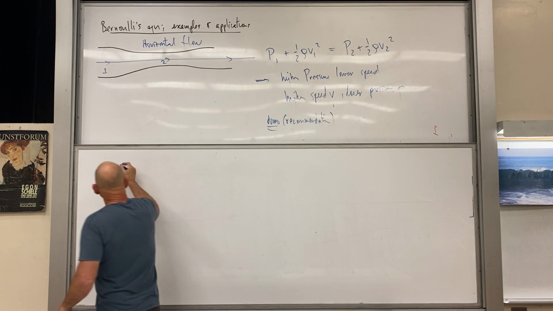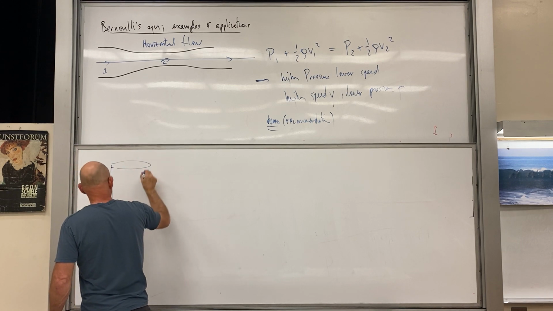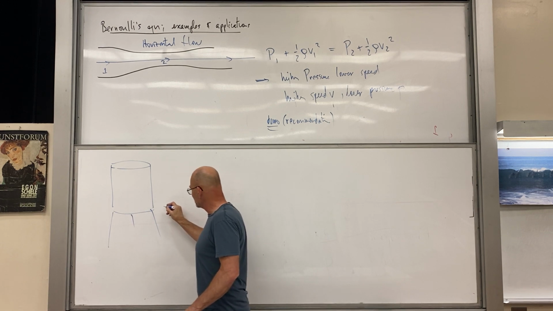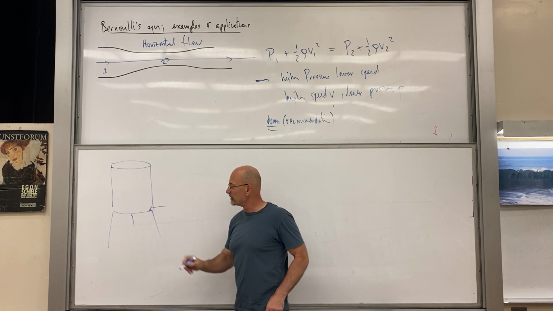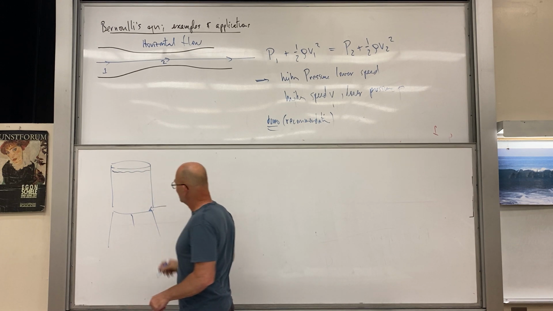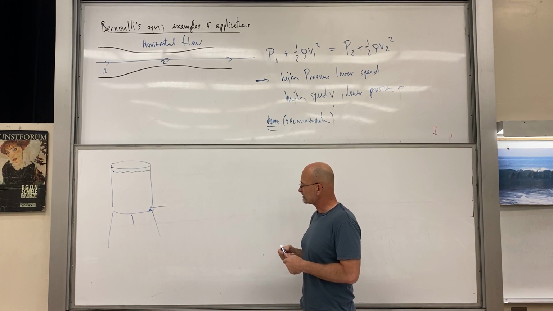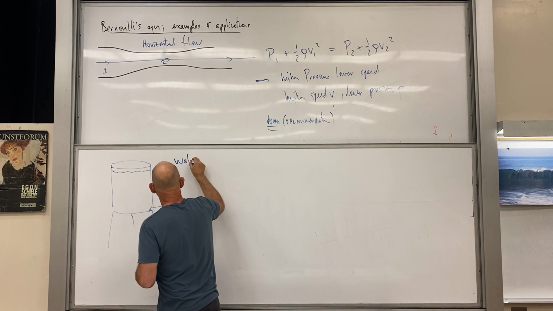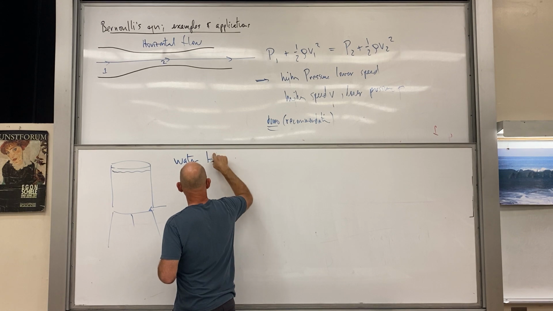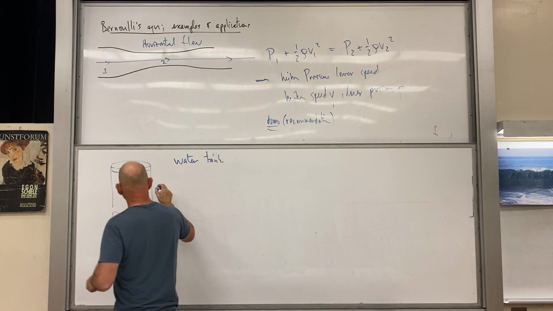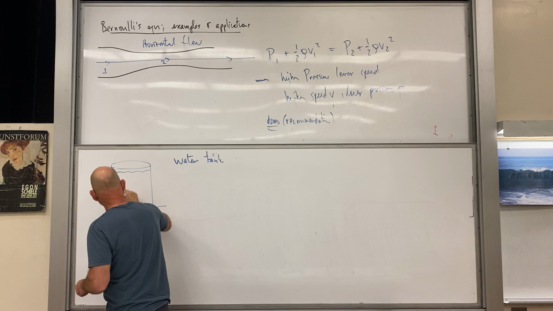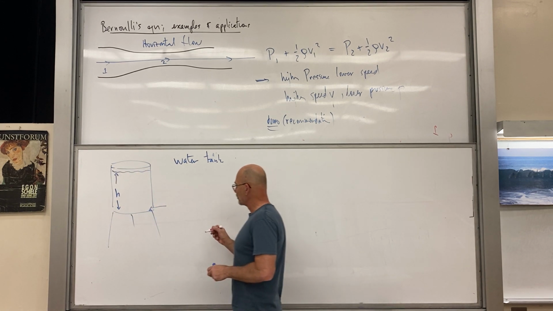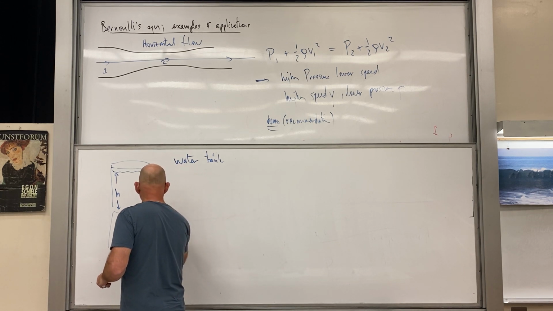Okay, this other example is just as good. So imagine you have a big water tank and you shoot a little bullet hole in the bottom, and the tank is like that. So we'll just call this a water tank. And I'll make the depth of this thing simply be h here. And the idea is that we have water shooting out horizontally, right?